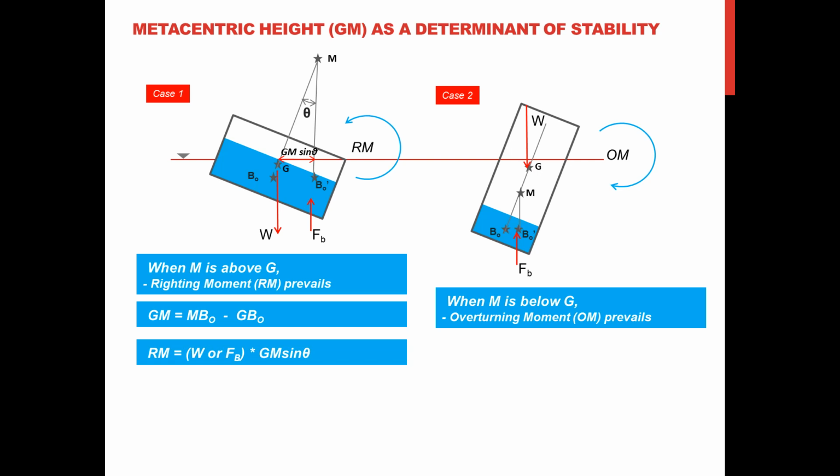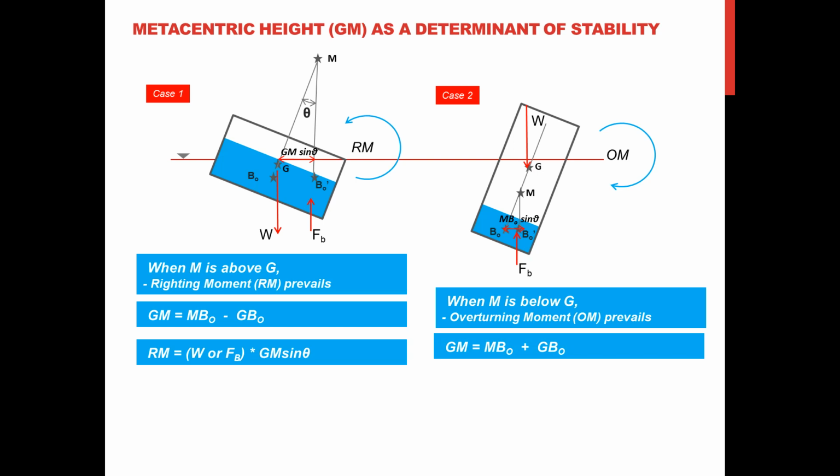For case 2, we can also have this distance. Instead of having that to be equal to GM sine theta, that is MBO sine of theta. Now, GM in this case is equal to MBO plus GBO.